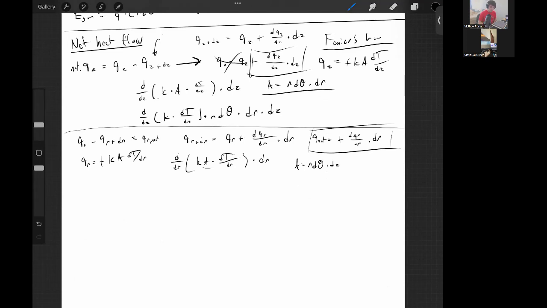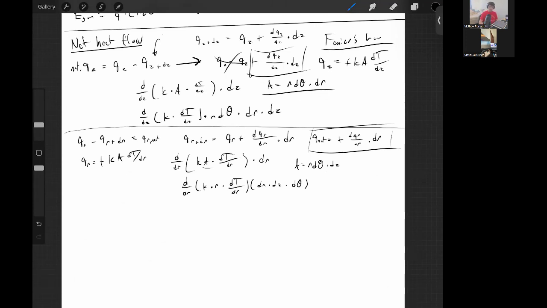And here's something that we're going to do differently. We're not going to shove r out of our equation. What we're going to instead do is keep it in here, multiplied by r, multiplied by dT over dr, multiplied by dr times dz, multiplied by dtheta.